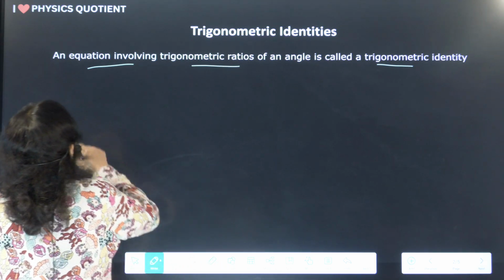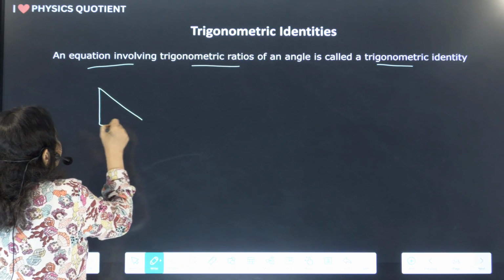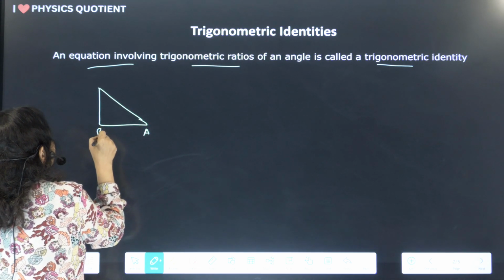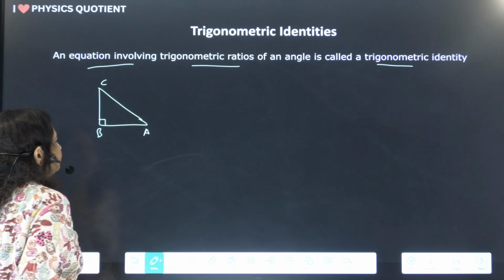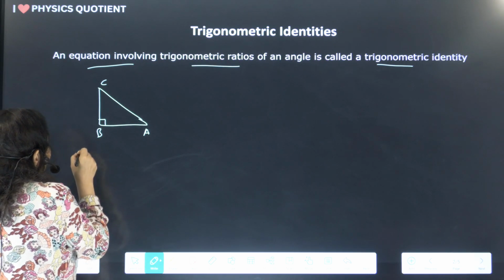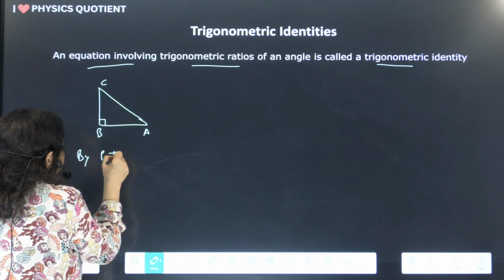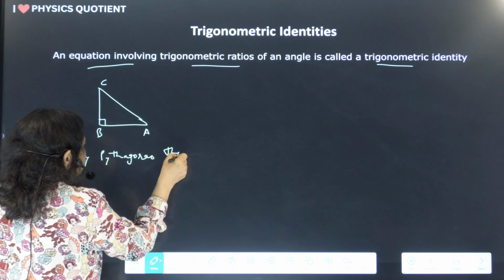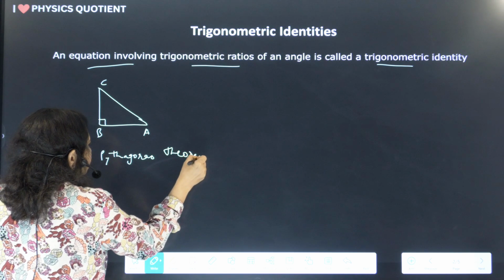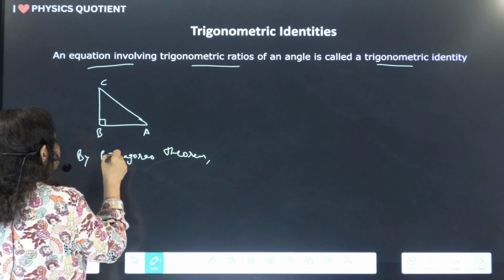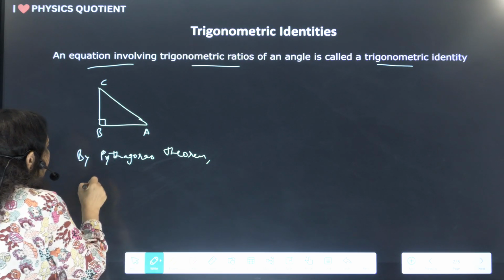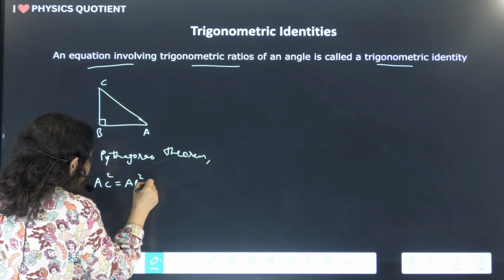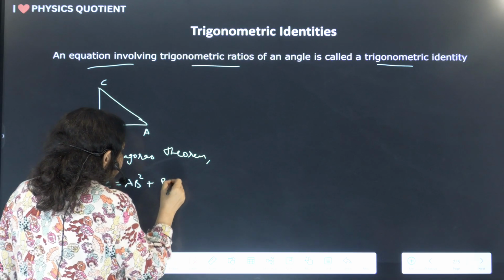For this, let us draw right triangle ABC, right angle at B. By Pythagoras theorem, AC square equal to AB square plus BC square.